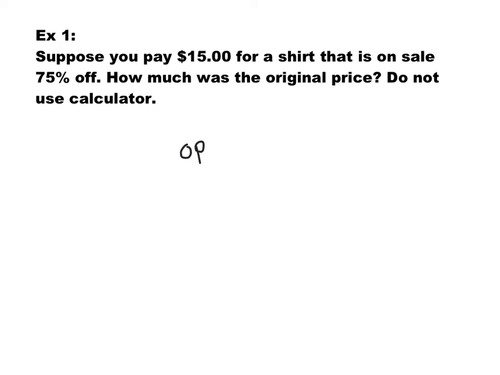I know that 75% of OP, original price, is $15, so I have to multiply OP by 75% and I am going to get $15. I'm going to divide both sides by 0.75.